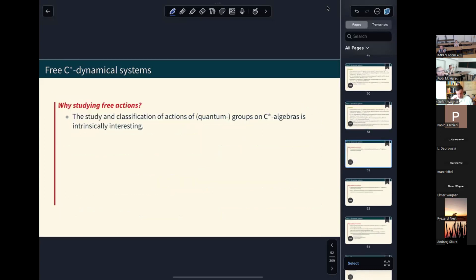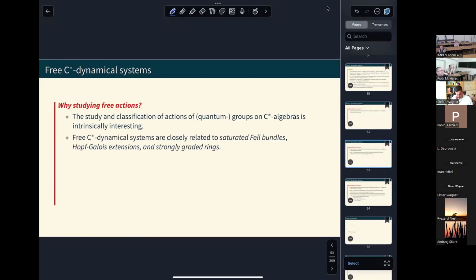All right. A couple of reasons why you should be interested in these guys: of course, the study and classification of actions of quantum groups on C-star algebras is interesting. Then you have relations of these free C-star systems to Fell bundles, Hopf-Galois extensions, and strongly graded rings. So you can jump around between these different points of view if you want.